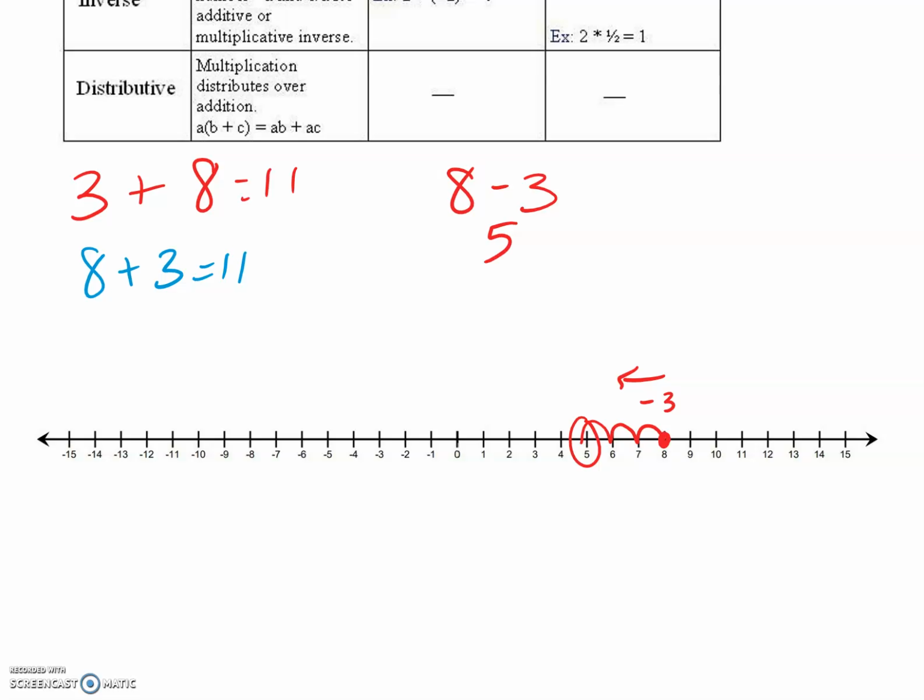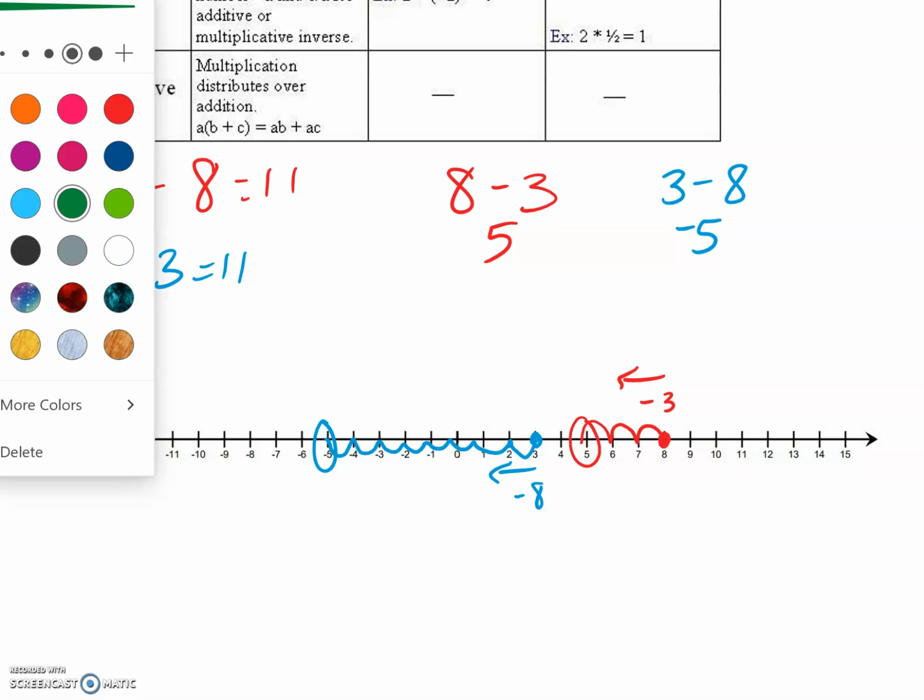The commutative property tells me that if I rearrange the order of the numbers, I'm going to get the same result. So 3 minus 8. I start at 3 and subtract 8, going 8 units to the left: 1, 2, 3, 4, 5, 6, 7, 8. My result is negative 5.